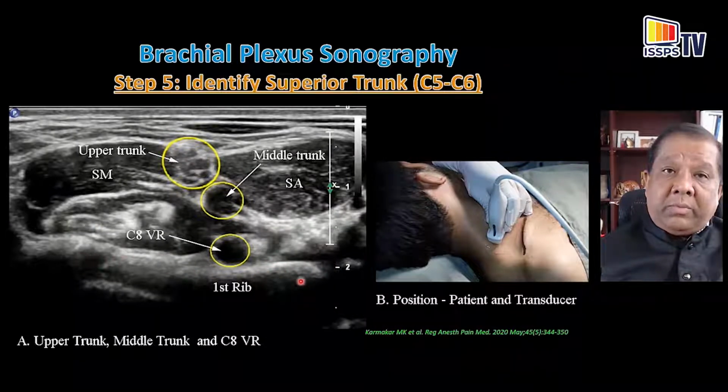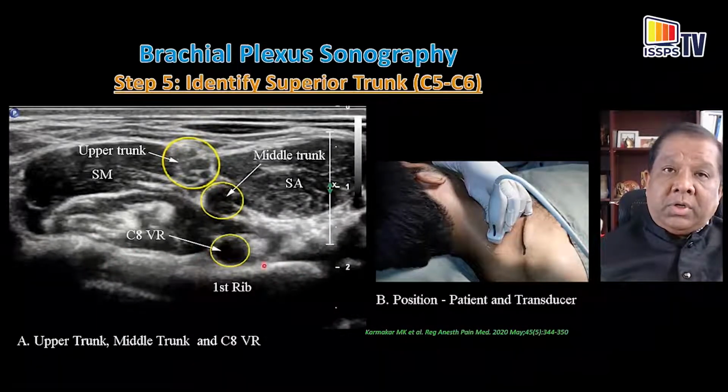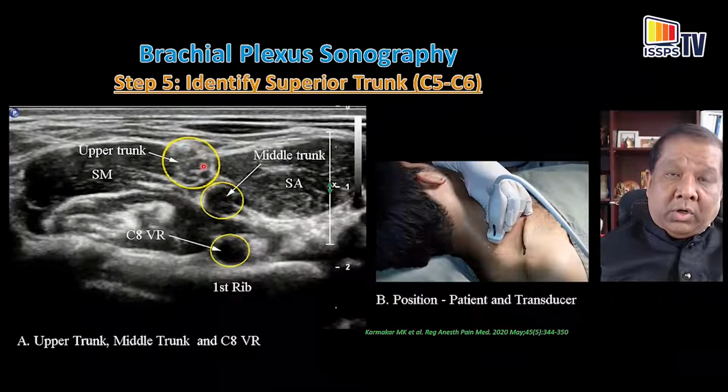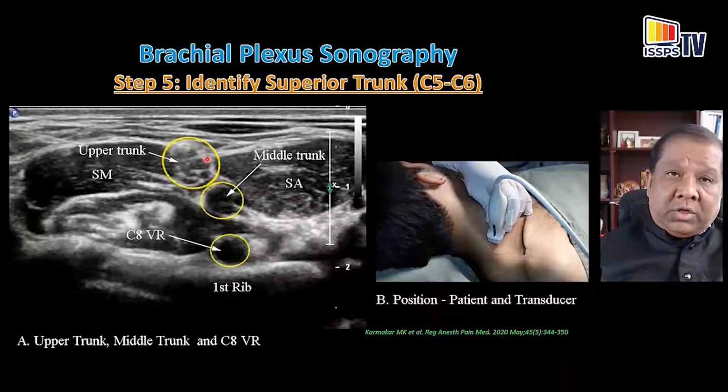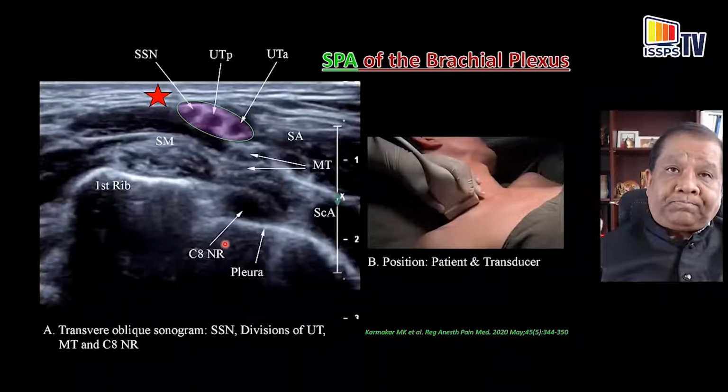You can see this large hyperechogenic line with this acoustic shadow. So this is a bone. So this is your T1 transverse process and the first rib complex. So this neural stack formed by the superior trunk, the middle trunk, and the C8 ventral ramus is our primary ultrasound window, or one of the target ultrasound windows, for the SeTB block.